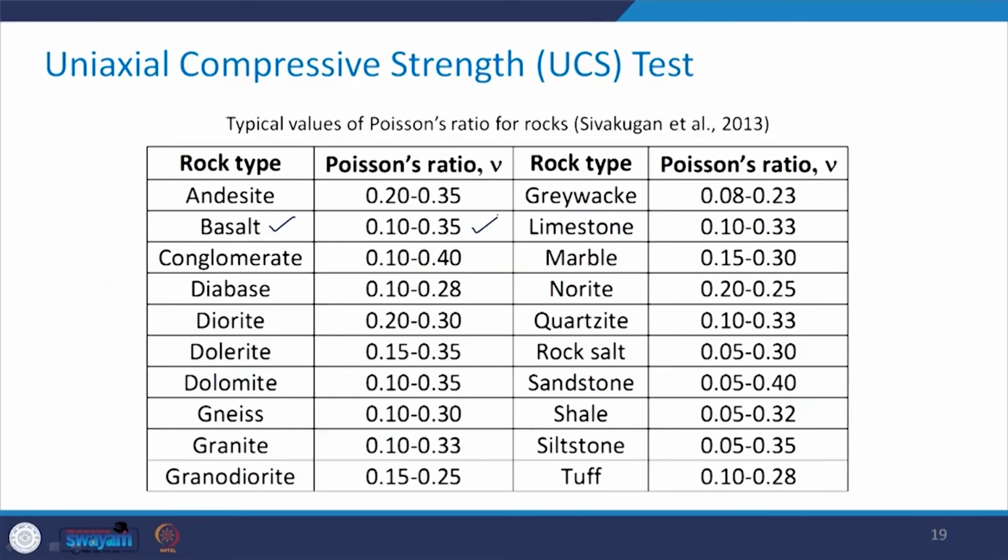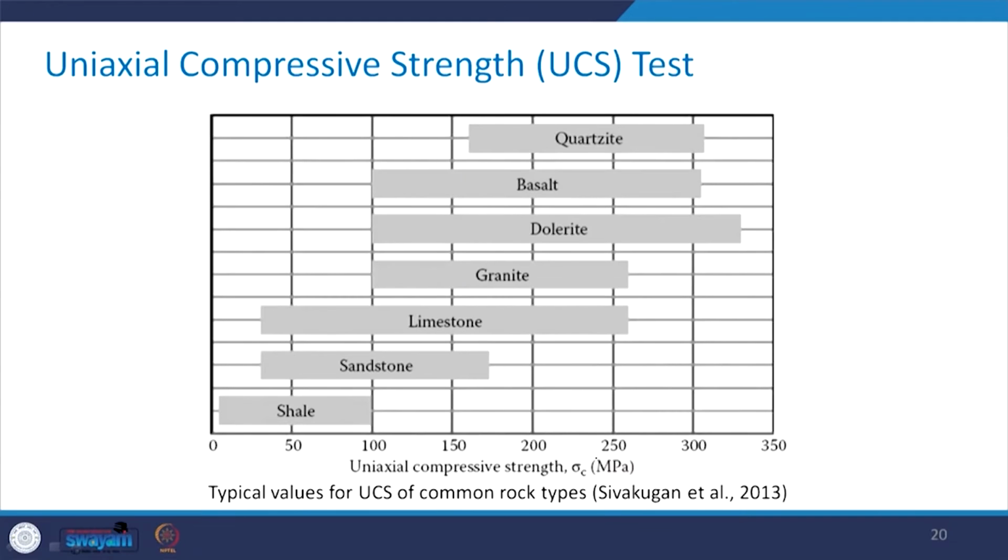Like in the case of sandstone, it varies from 0.05 to 0.40, so from a very low to a high value. Likewise, this table gives you an idea about these values of the Poisson's ratio for different types of rocks. Now, this figure gives us an idea about the uniaxial compressive strength of some typical rocks.